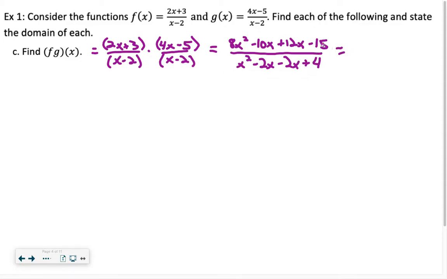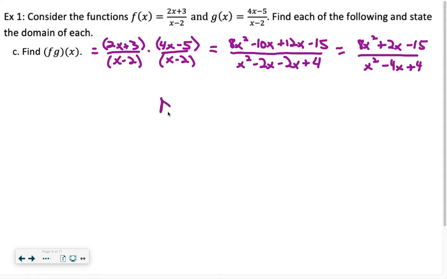And then we can simplify just a little bit by combining my x's in both the numerator and denominator. So we would end up with 8x squared plus 2x minus 15 over x squared minus 4x plus 4.